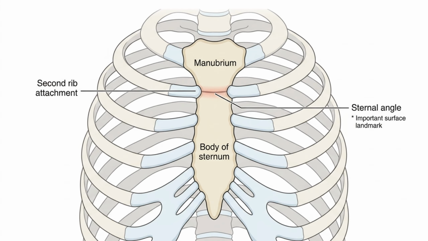The point where these two parts meet forms the sternal angle. This landmark is clinically important because the second rib attaches at this level, making it useful when counting ribs and identifying intercostal spaces.